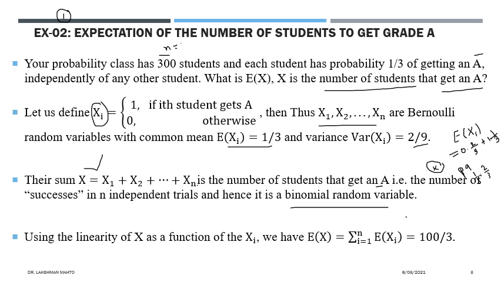So the expectation of x would be 300 times 1 by 3. The 3 will cancel, and finally you will get 100. So out of 300, 100 students will get grade A. That is the answer.